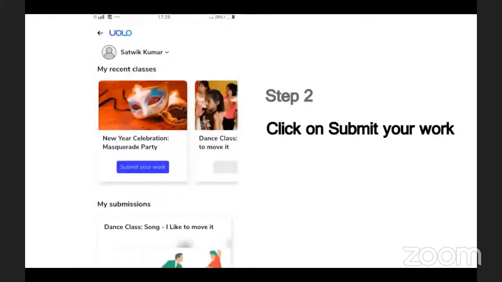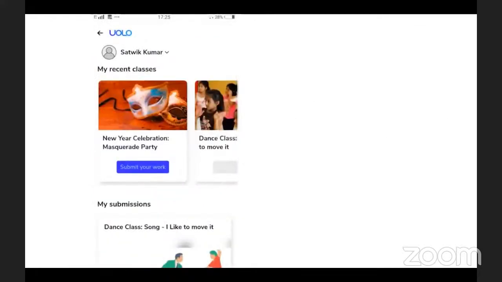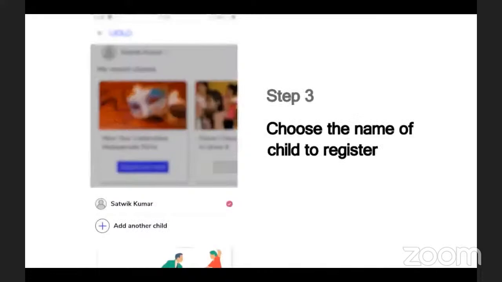Then you will see a list of the classes that you've last attended, which could, for example, show the dance or craft or science experiment classes you've attended recently. Next, it will show you the list of children whose names are registered with this mobile number. Choose your name from this list to submit your work. For instance, if you are Satvik Kumar, choose that name.